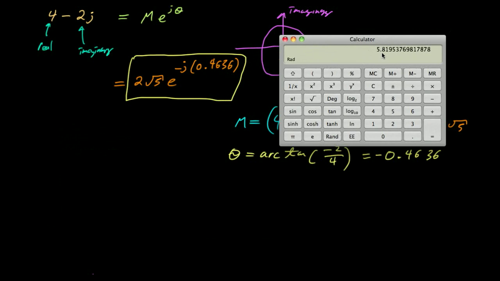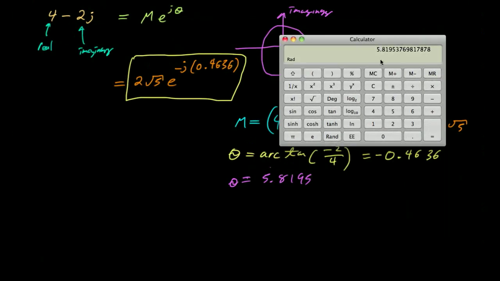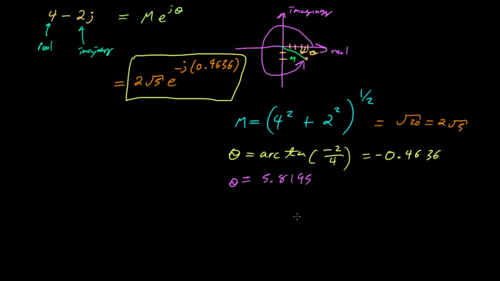I could write 5.8195. So I could also say that my phase angle is equal to 5.8195. Is that what it was? 8195. Yeah. So that's also valid, right? That is taking this number and adding 2 pi to it.